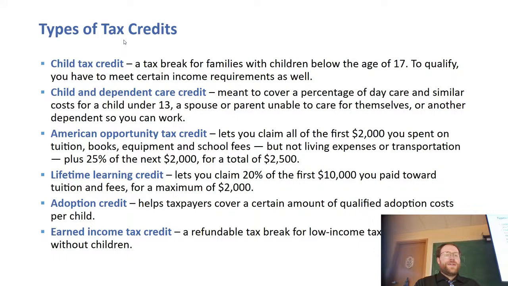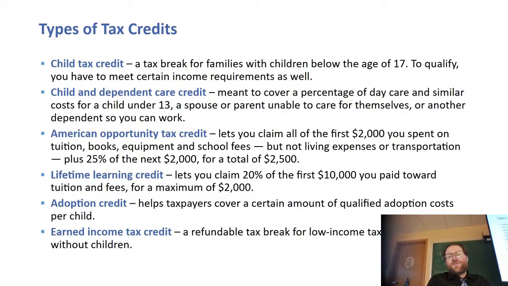Okay. Other types of tax credits are there. Child tax credit. So if you have children below 17, they give you a credit for that. If you have a child under 13 and have a parent that's unable to care for themselves, there's a credit there for daycare and other expenses like that.